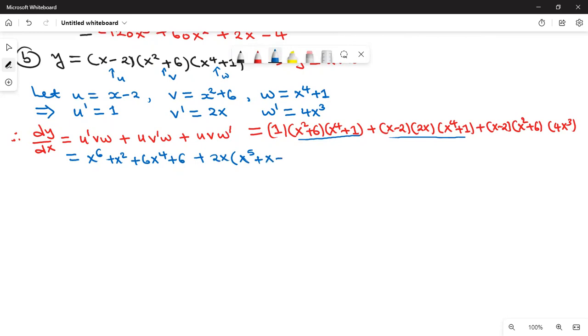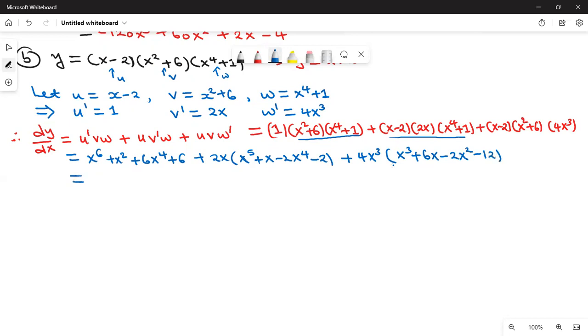Then minus 2x raised to 4 minus 2. Then plus, let's factor out 4x cubed, so that we have x cubed plus 6x, then minus 2x squared minus 12.